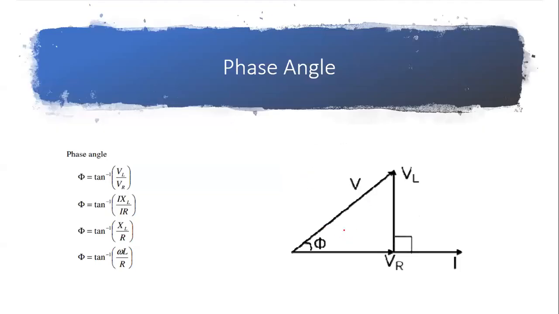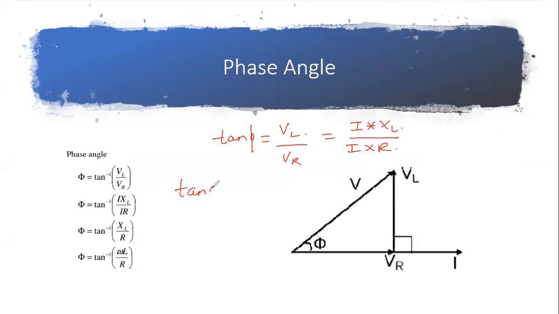Okay. Let's talk about phase angle. Again, this is a right angle triangle. So let's talk about tan phi, which is nothing but perpendicular upon base. Perpendicular is VL and base is VR. VL is I multiplied by XL, and VR is I multiplied by R, so I will get cancelled.